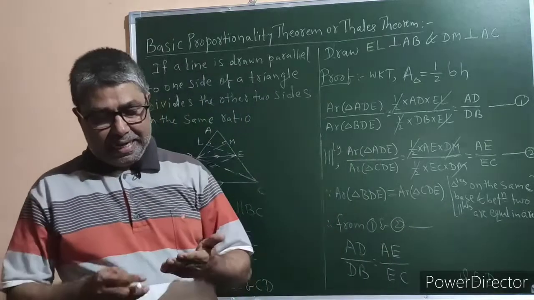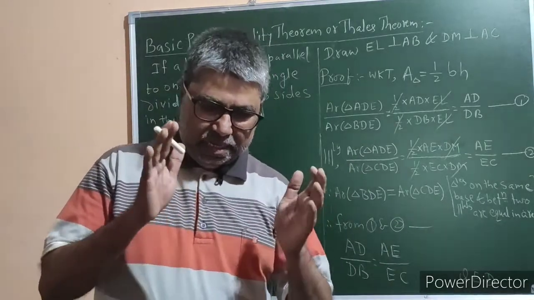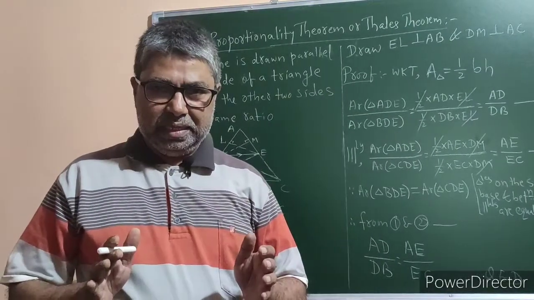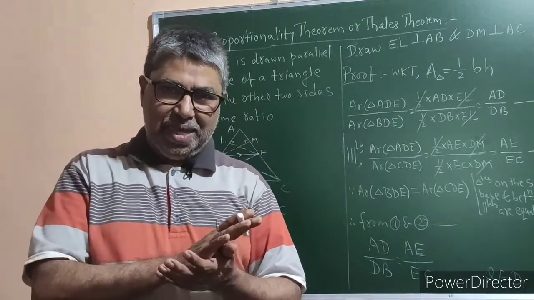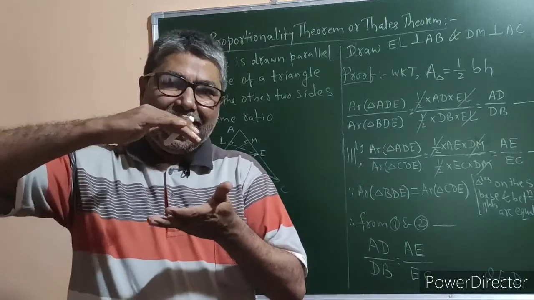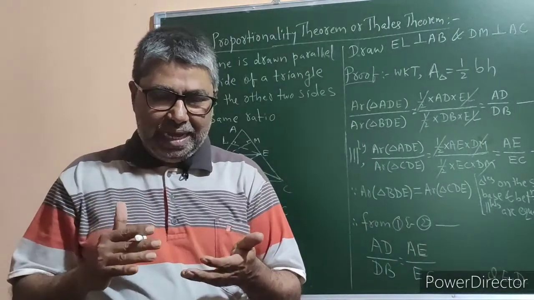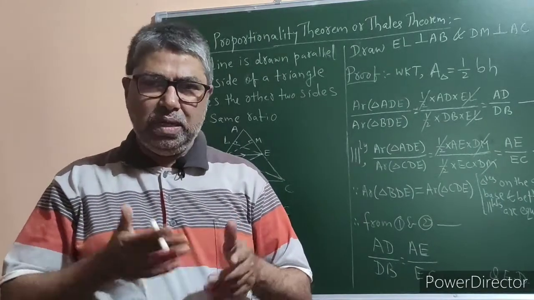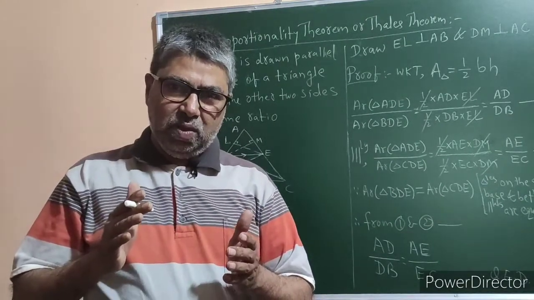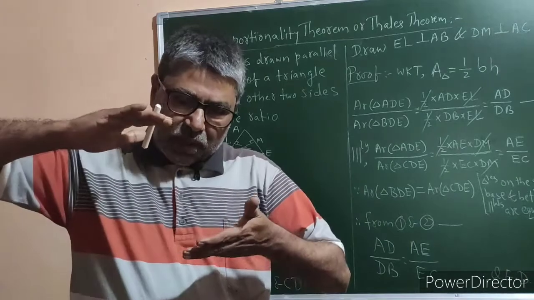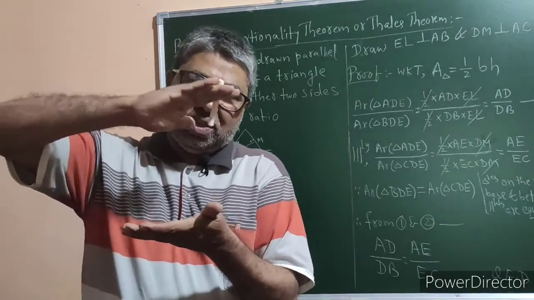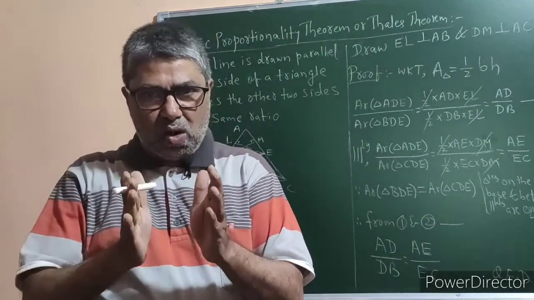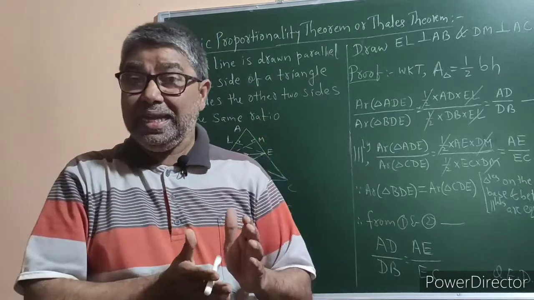In 9th standard you have studied that triangles drawn on the same base and between two parallels are equal in area. Not only triangles, you have studied about parallelograms also: two parallelograms drawn between two parallels and on the same base are equal in area.